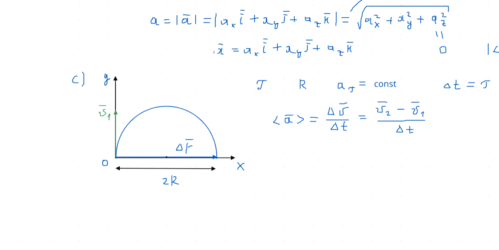And we need to find a vector v2 in the same way as we have done this for vector v1. So v1, and maybe v2. The final point is here.